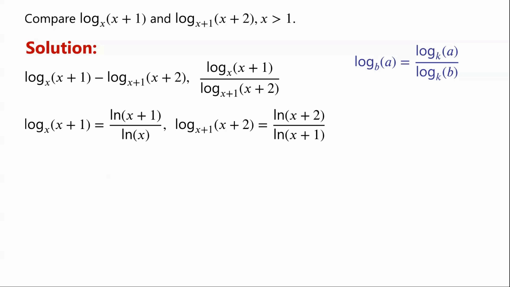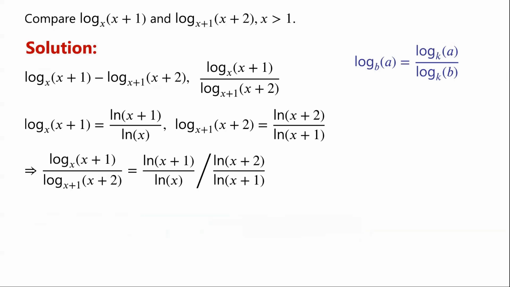We will evaluate the ratio of the two logarithms. So log to base x of x plus 1 over log to base x plus 1 of x plus 2 equals ln of x plus 1 over ln of x over ln of x plus 2 over ln of x plus 1, which is equal to ln of x plus 1 over ln of x times ln of x plus 1 over ln of x plus 2.